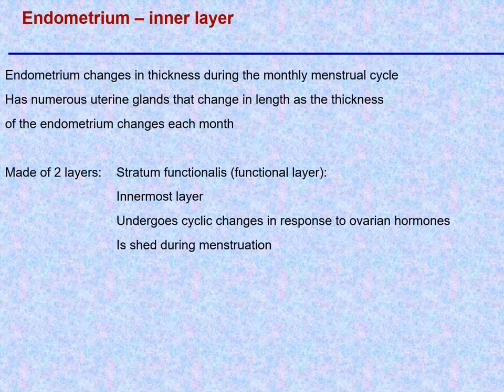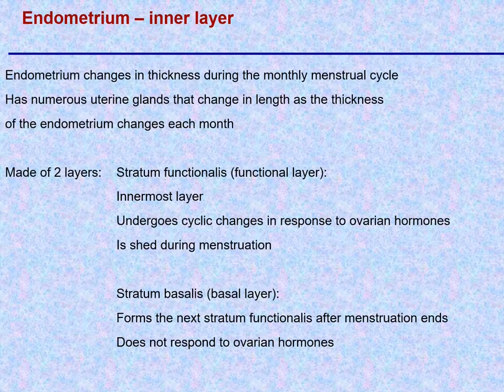The endometrium is the innermost wall. It changes in its thickness throughout the menstrual cycle. There are, as I said, many uterine glands all along it that dive down and are secretory. The endometrium has two major layers.